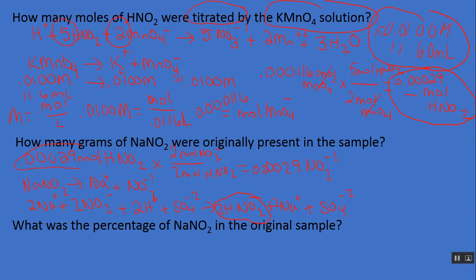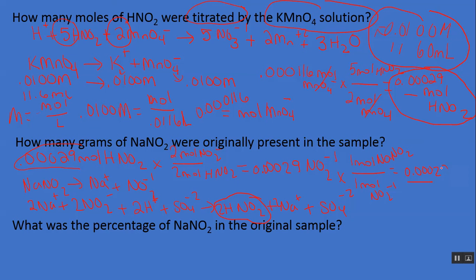HNO2 is really just hydrogen and nitrite. So we've got moles of our nitrite to begin with. If nitrite is just equal parts sodium and nitrite to give sodium nitrite, well, we could just proportionally change it back, right? 1 mole of NO2 negative is equivalent to 1 mole of NaNO2.